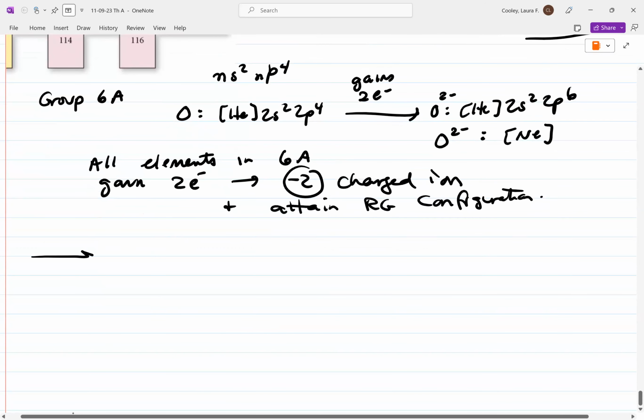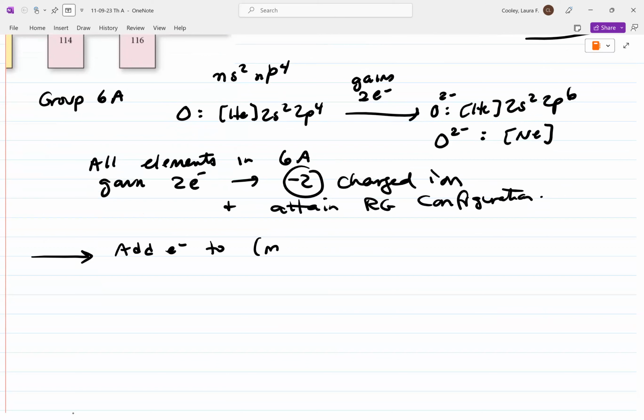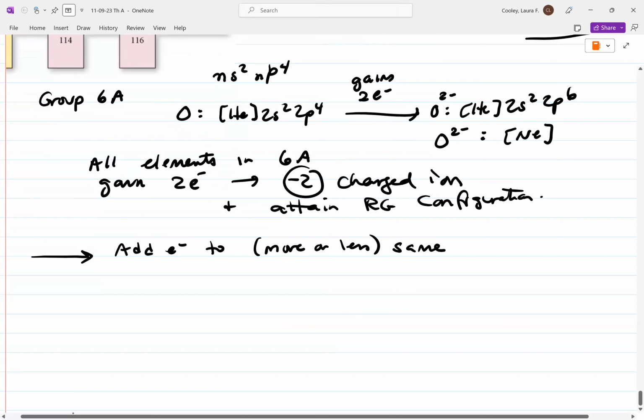As you go across the periodic table, let me just say again that you're adding electrons to more or less the same shell. Now there are slight dips at times, but it's more or less the same distance from the nucleus.